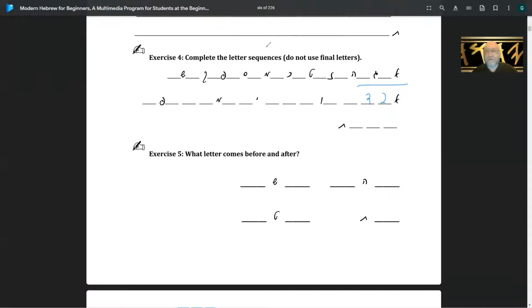I think I might have been right the first time. Gimel, Dalet, Hey, Vav. Okay, so now we need Zayin, I believe. Aleph, Bet, Gimel, Dalet, Hey, Vav, and then Zayin.